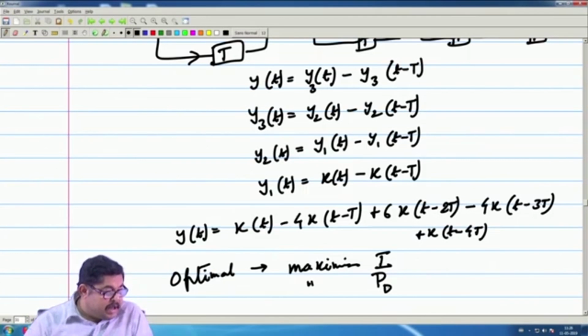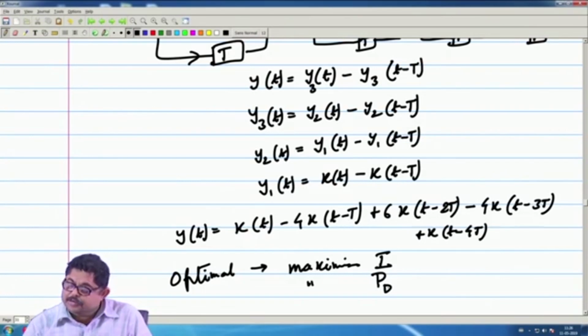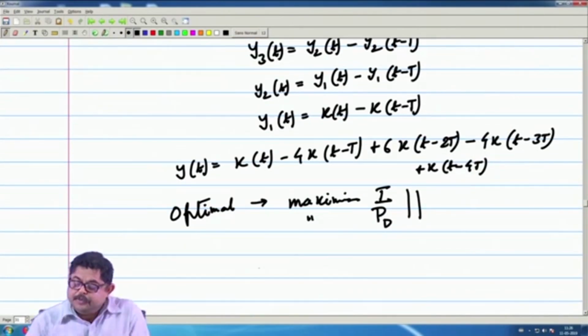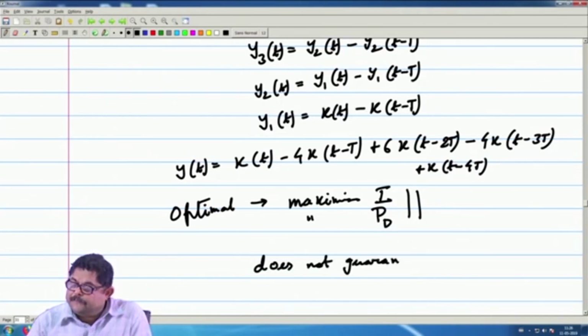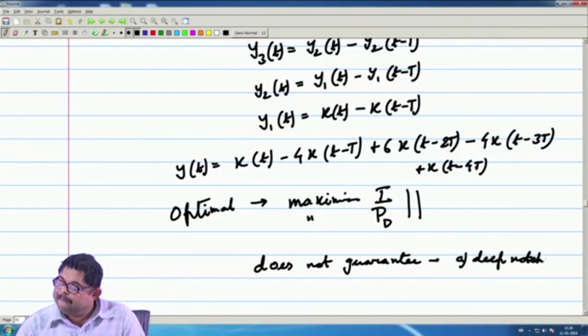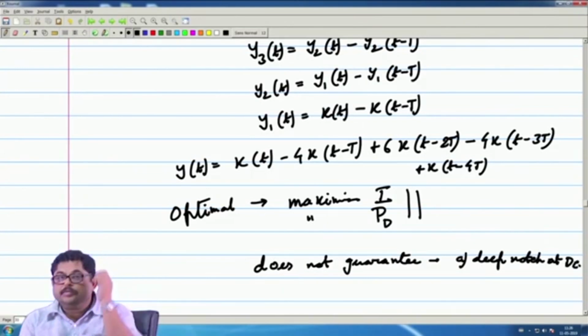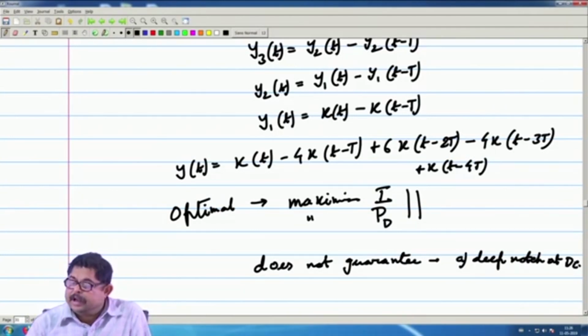Now, we write it, but it does not guarantee. So, these two things are very useful, but I will say that this does not guarantee two things: A, a deep notch at DC, that means that the notch at DC does not get guaranteed by this.